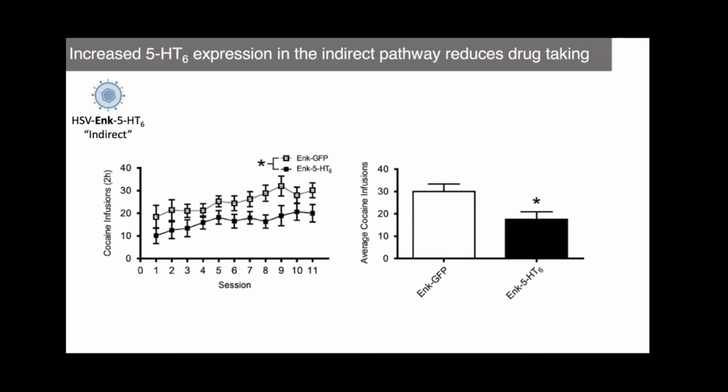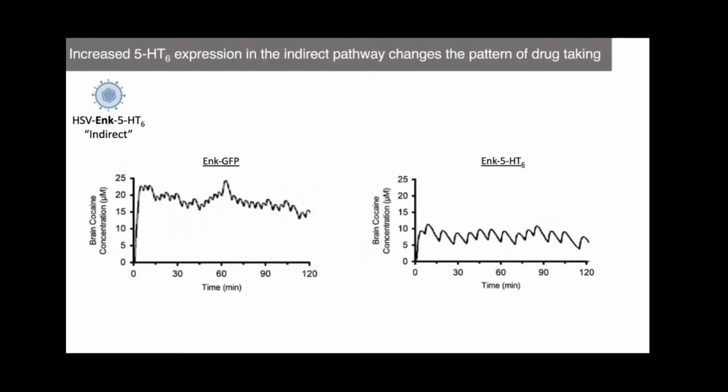What was also interesting about this increased expression is that when we take a look at the concentration of cocaine in their brains, we see that compared to controls, rats with increased 5-HT6 signaling in the indirect pathway titrate around a lower concentration. So they're taking less cocaine in order to maintain lower concentrations of cocaine in their brains.